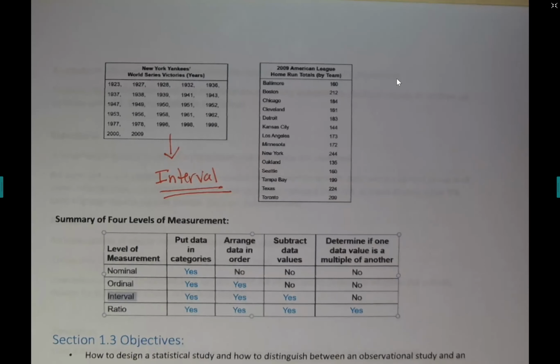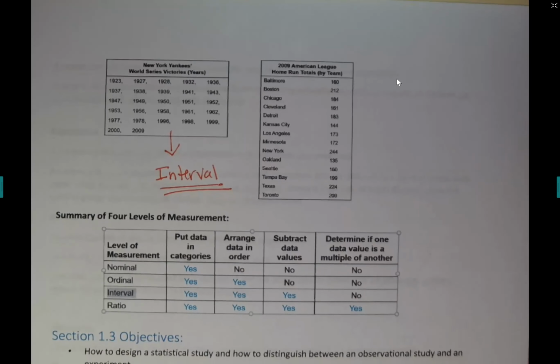Actually, in my earlier class, a student said sea level, and I agreed. Like a city is 100 feet above sea level, 100 feet below sea level, at sea level. At sea level means zero. Zero means something here. So you could think of it as an interval. You can make it up. If you make it up, it will work.